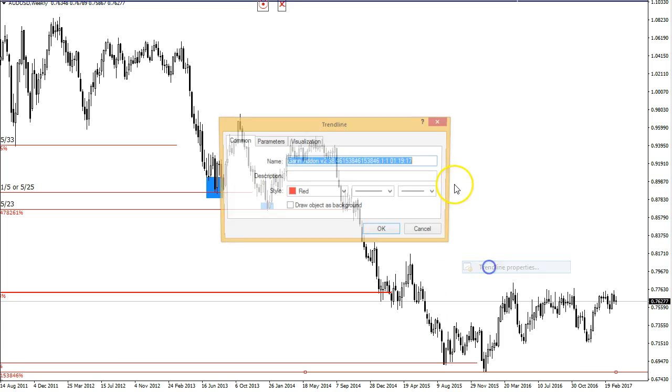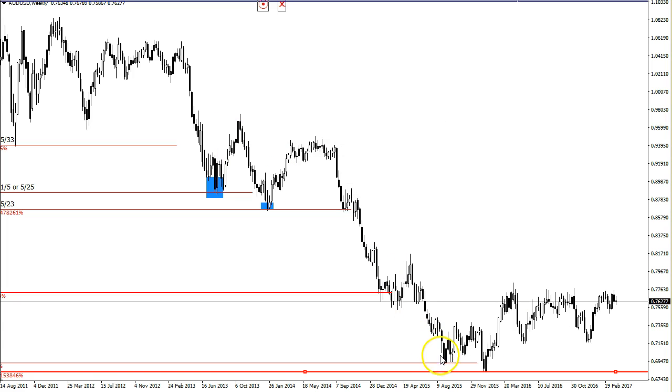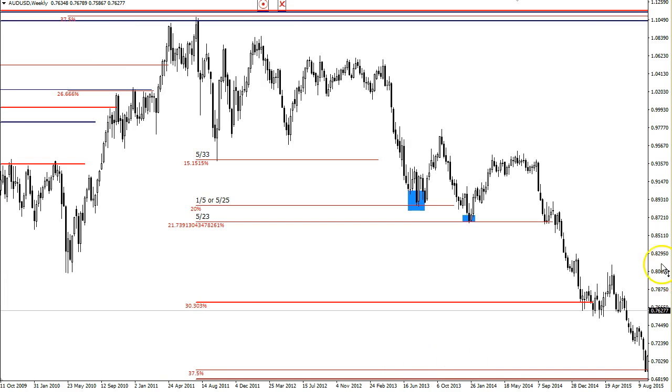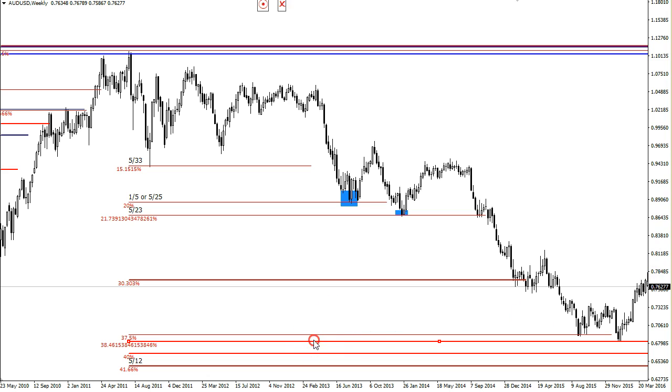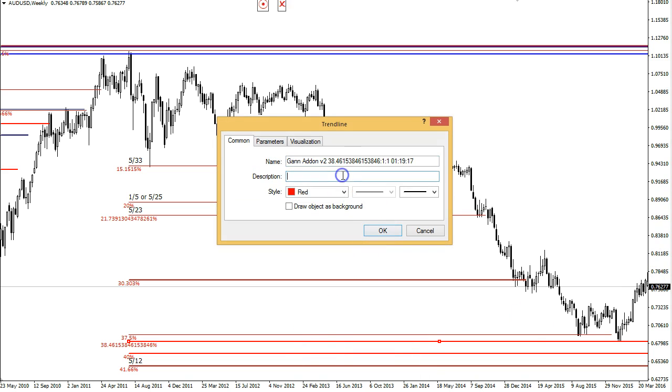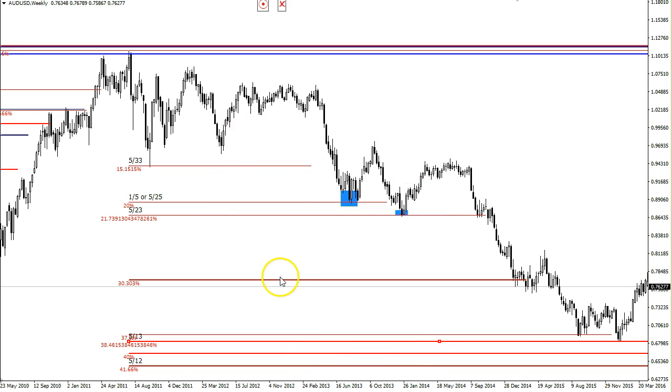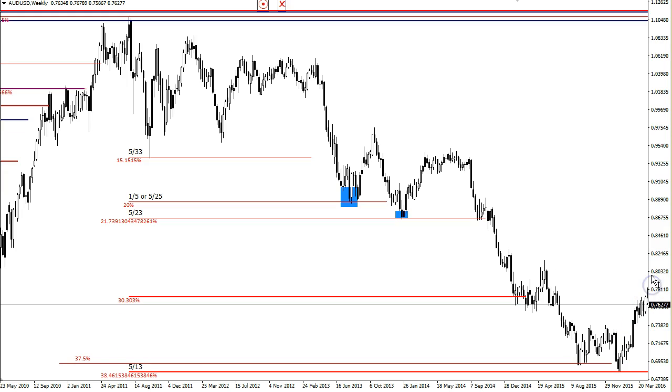I'll keep this one and I'll put it as strong here because it has number 5. So it's 5 by 13. I'll extend this 37 a bit outside so I will not be confused.